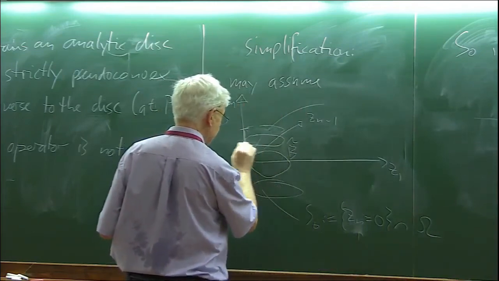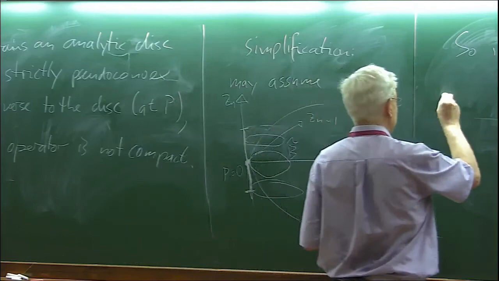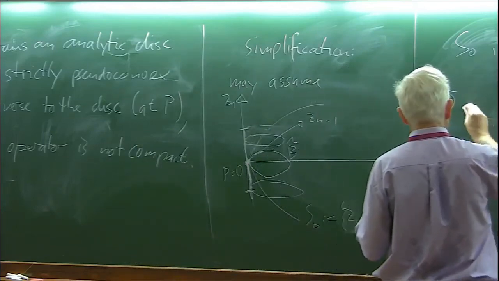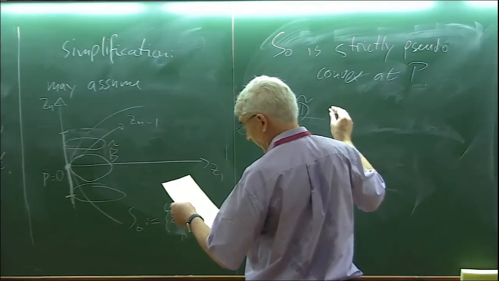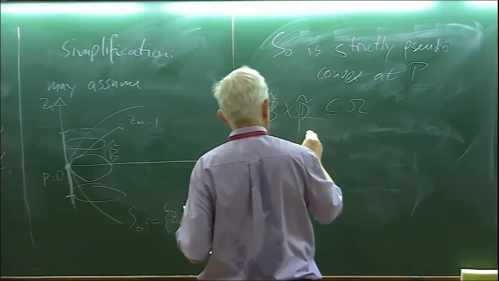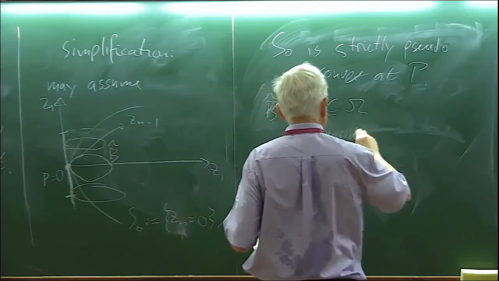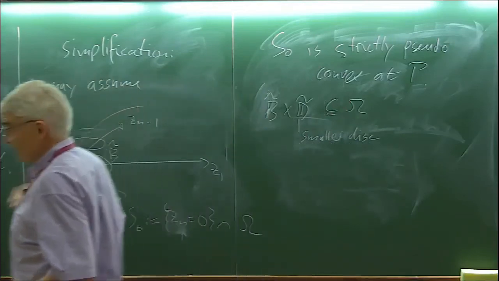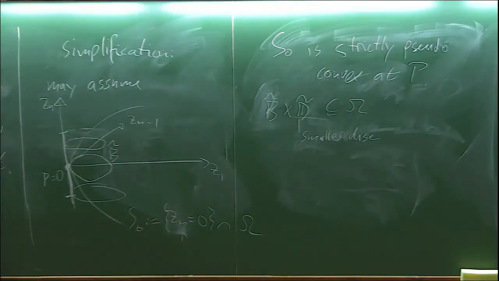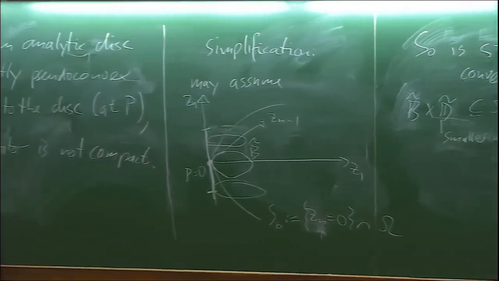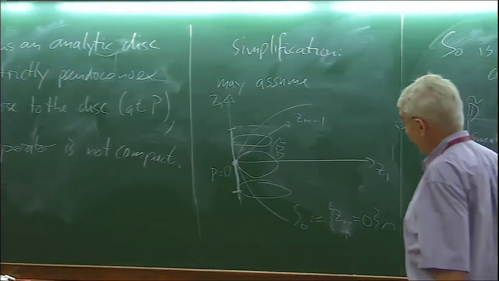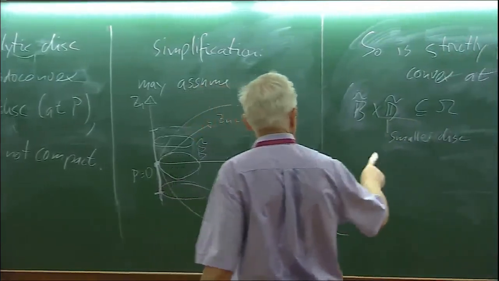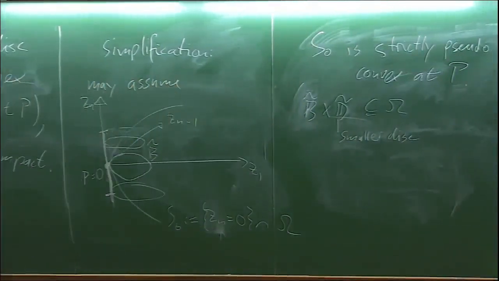Let me just take a slightly smaller disk, D tilde. B tilde cross D tilde should be in omega, I think, right? Yeah. I'm using here that the real normal to the boundary of omega is constant along this disk. Okay. So this is the geometric setup that we're going to use tomorrow.